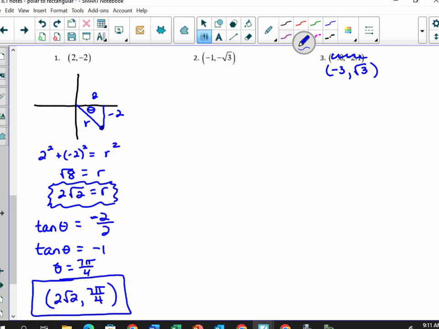Well, what's negative 2 divided by 2? Because I just put the y over x and then I simplified. Oh, no, right.